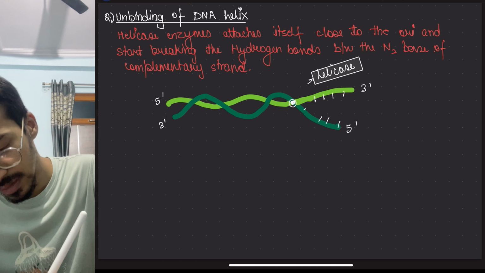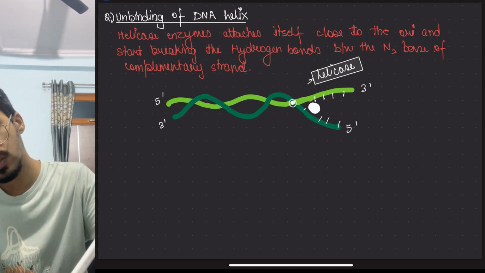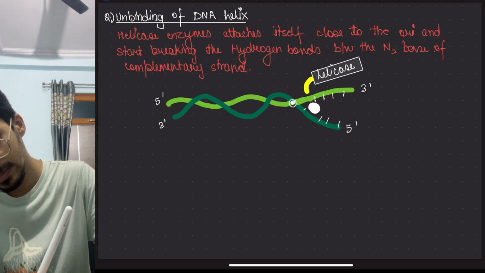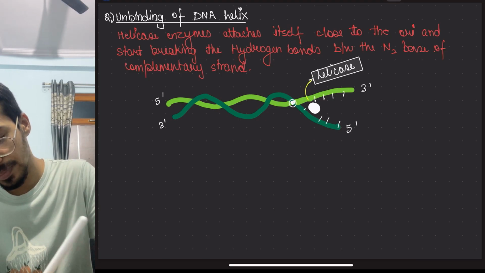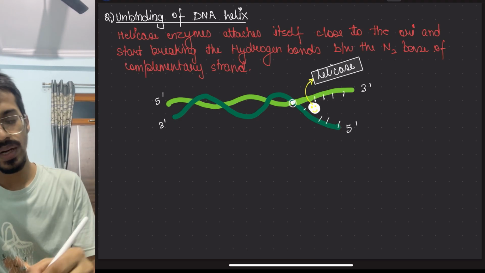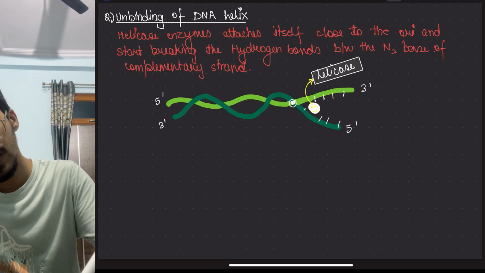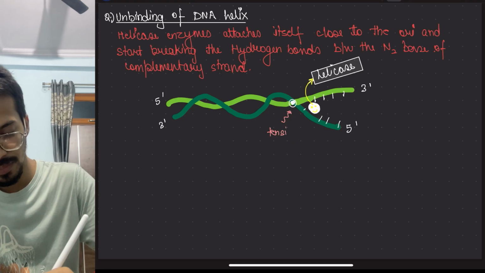Not looking better. Here, look. This is how it's breaking the bond. So this is our helicase. It is a bond breaker enzyme. Now at this point, what is happening? Tension is developed.